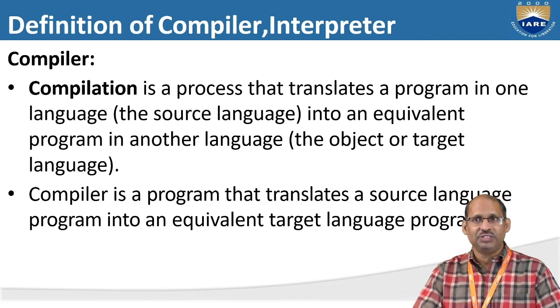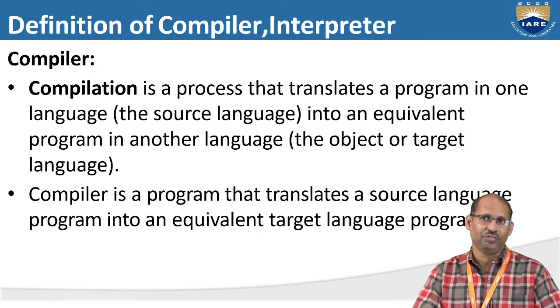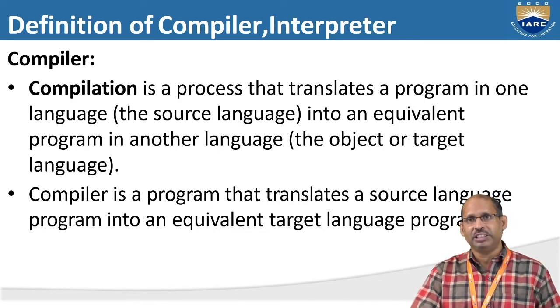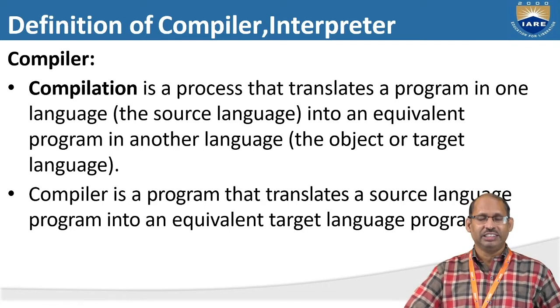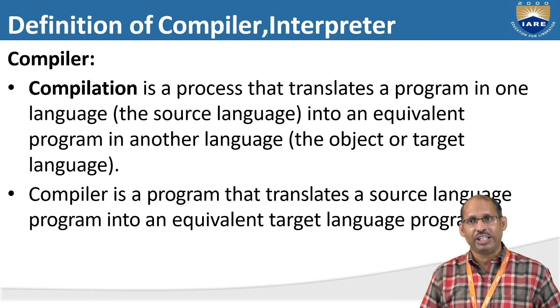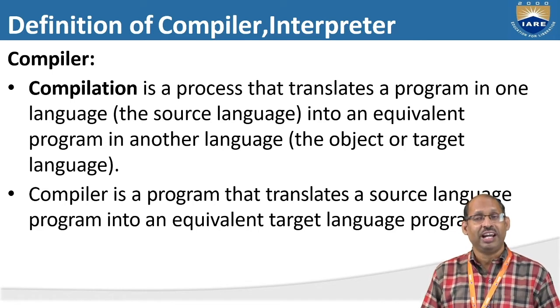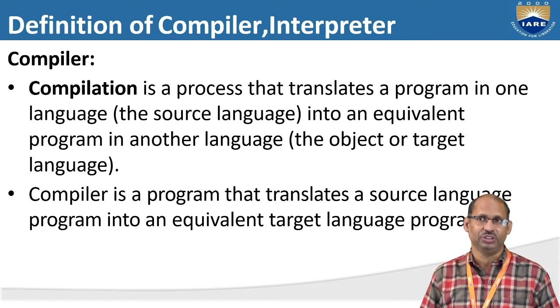Here the machines will understand ones and zeros. Writing the programs in machine level language is very difficult. In that machine level language, everything, variables, operands, operators and instructions, consists of ones and zeros.